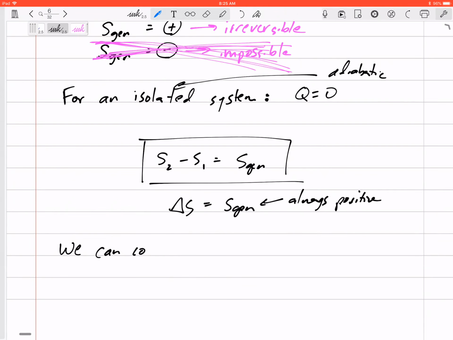And we can consider a system plus its surroundings as an isolated system.